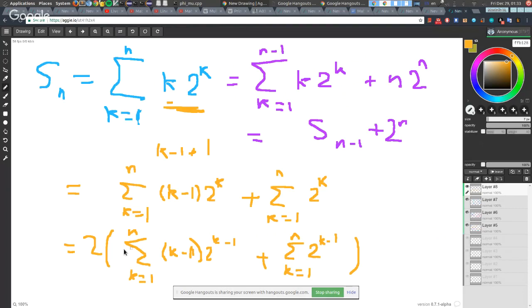So it's like that. And then here we can just increase the value of the index by 1.